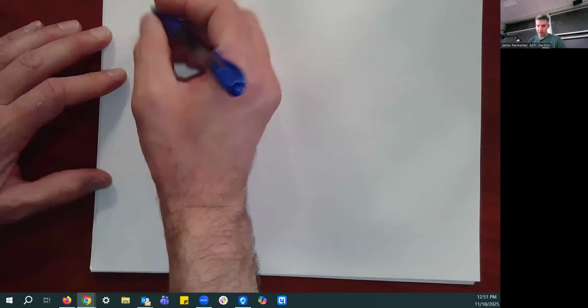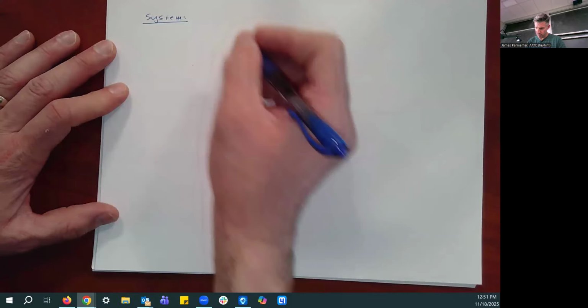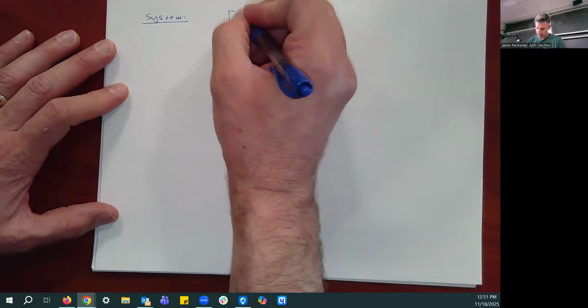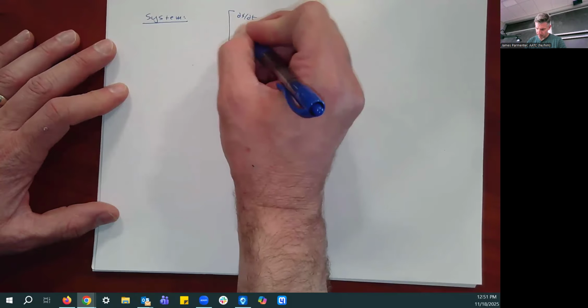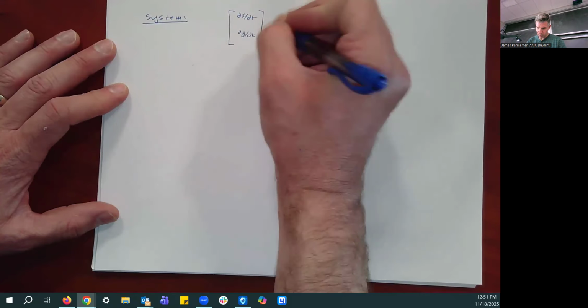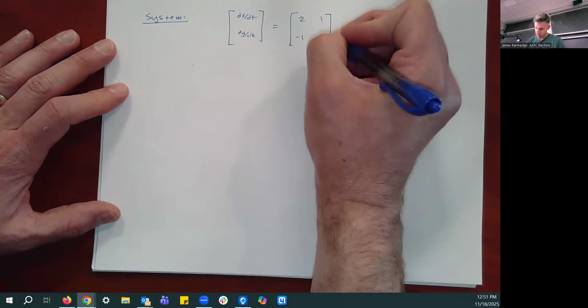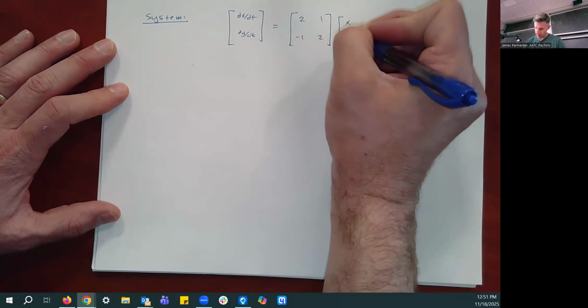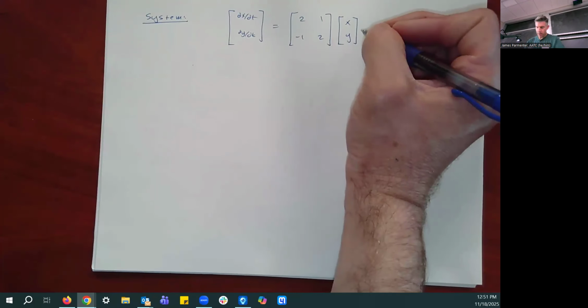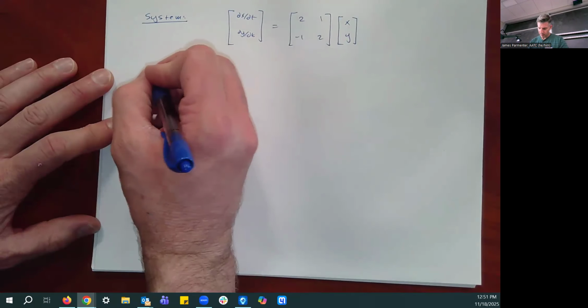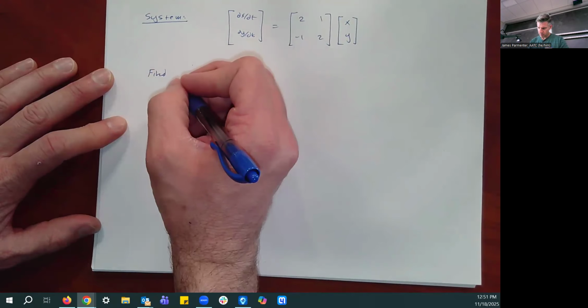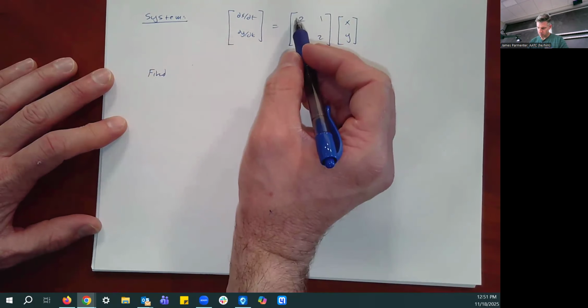Sure. So here's the setup. Your system is given by this matrix equation: dx/dt, dy/dt equal to 2, 1, negative 1, 2 times x, y.